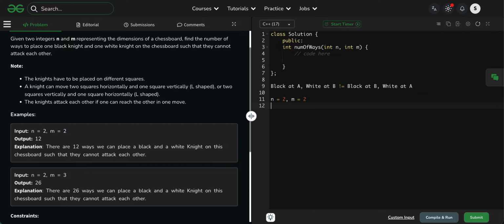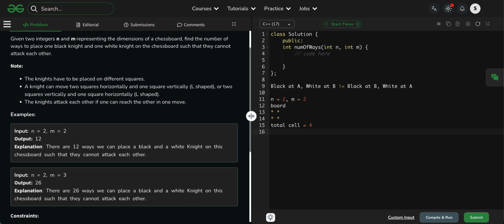Now what we can do, the board is made like star and star and star and star. Now the total number of cells is 4. Now choose positions for black, which gives 4 ways.